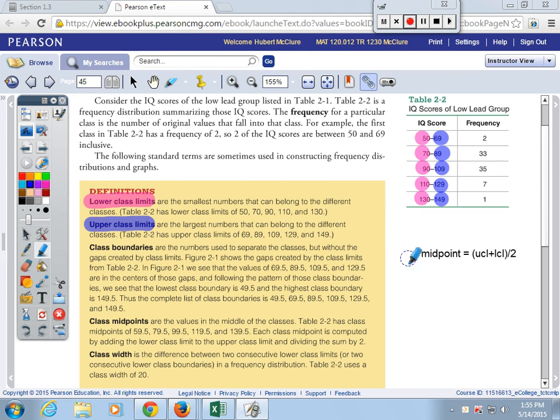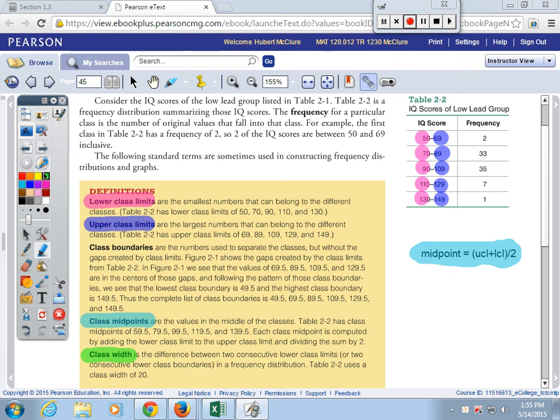Because your best friend, let me highlight this in blue. Find your first midpoint, 59.5. Your best friend, and we'll color him green, is this guy, the class width.